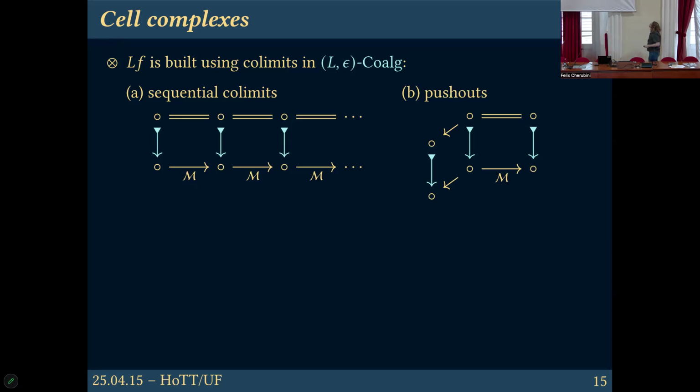So this left factor is actually built by colimits in this coalgebra category, which looks similar to the colimits you see in Quillen's argument. So you have these sequential colimits, and then you have pushouts. And somehow this class M we also care about. And the other thing you need to be able to do is compose left algebra structures.